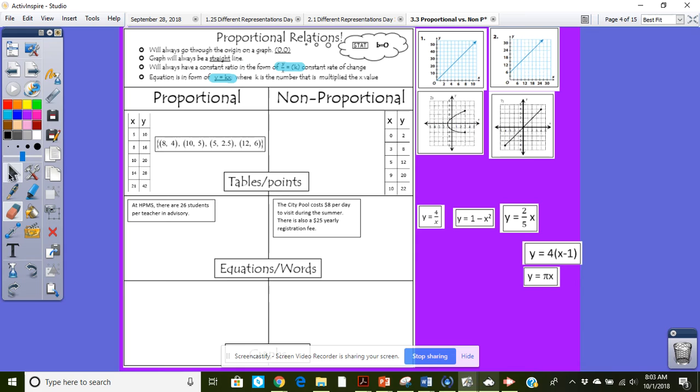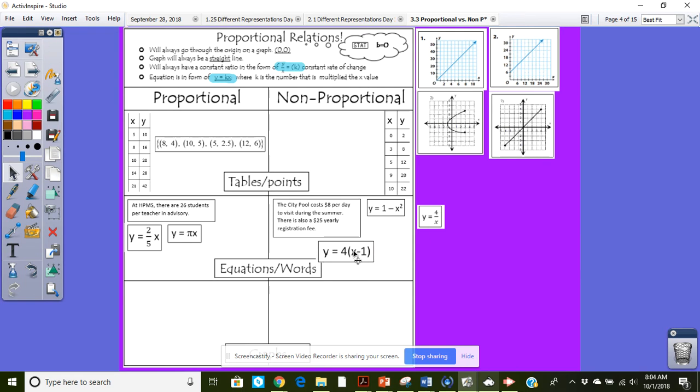Looking at our equations again, we're looking for y equals kx. If we look at y equals 2/5 x, we're only multiplying by x. We're not adding or subtracting anything to the end. Same with y equals pi x. We're just multiplying by x. You can see in this one, y equals 1 minus x squared, we're adding and subtracting.